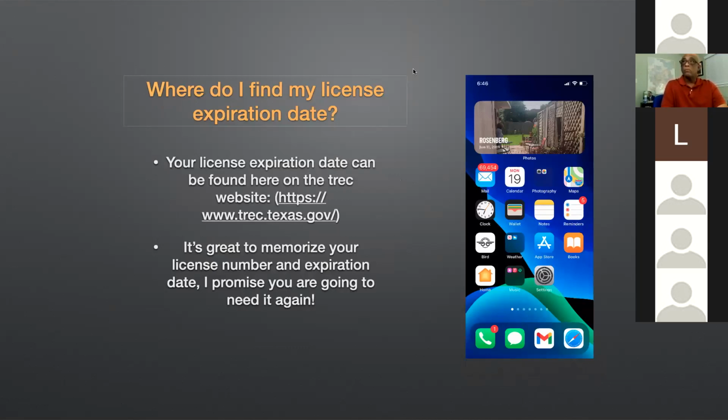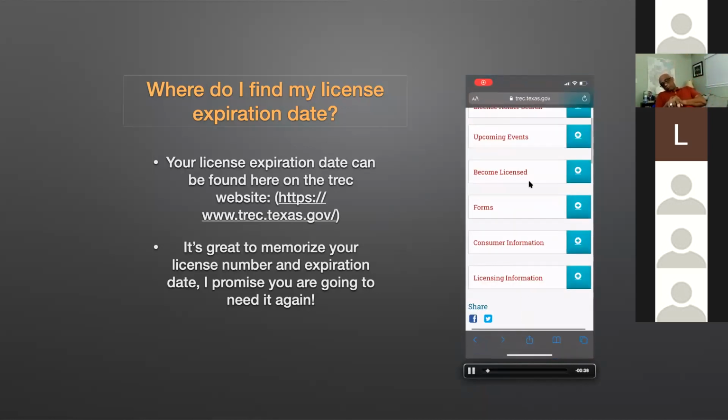So the next question on the DA, well, it's not a question on the DA, but where do you find your license expiration date? If you go to www.trec.texas.gov, you can find your license expiration date. And it's really easy.